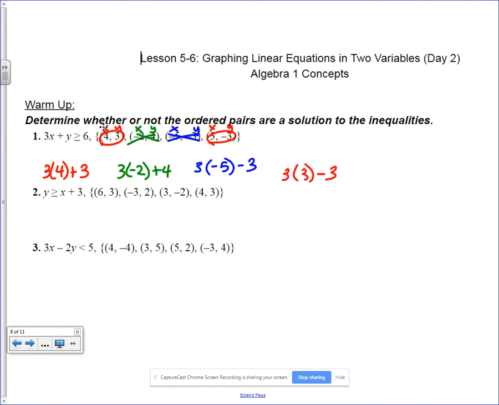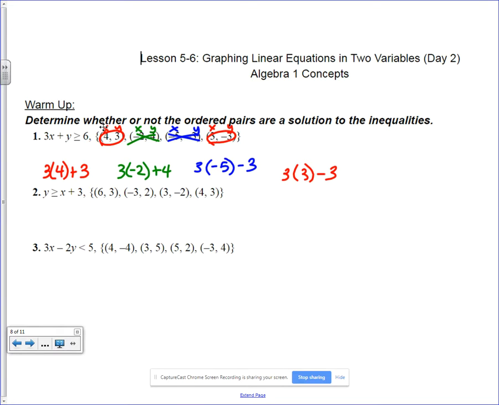Okay, got to take those out. There should be 2 that work, yep. Found them? Much better.